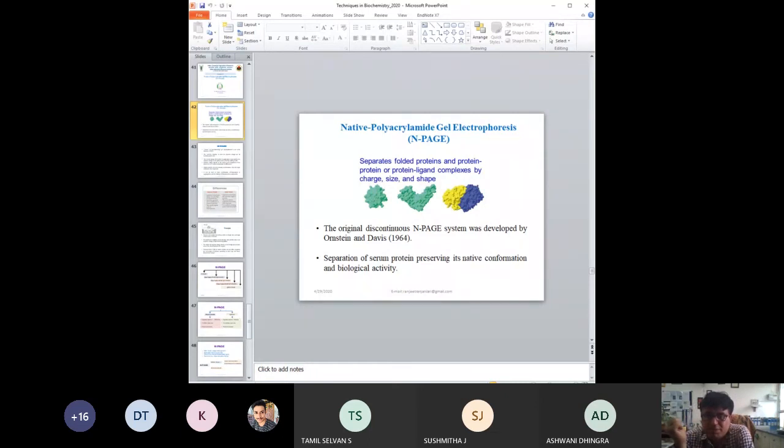This was out of compulsion because they wanted to analyze the biological activity of this protein on the gel, and they modified the procedure itself. Because of this they discovered the native PAGE system, and the term native has been used because we want to resolve the protein in its native structure.